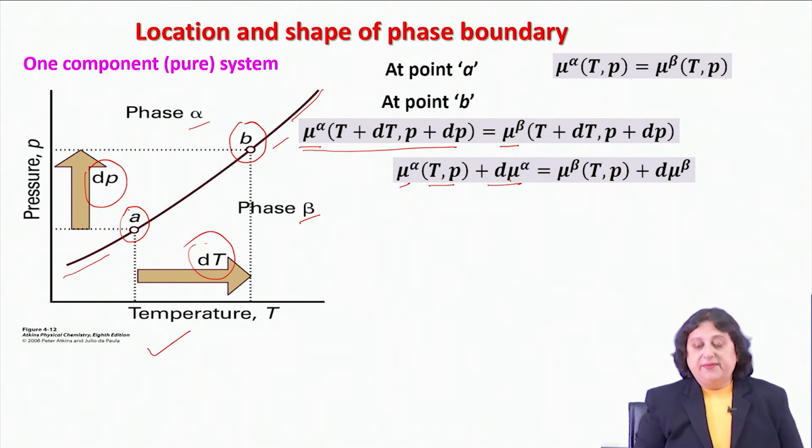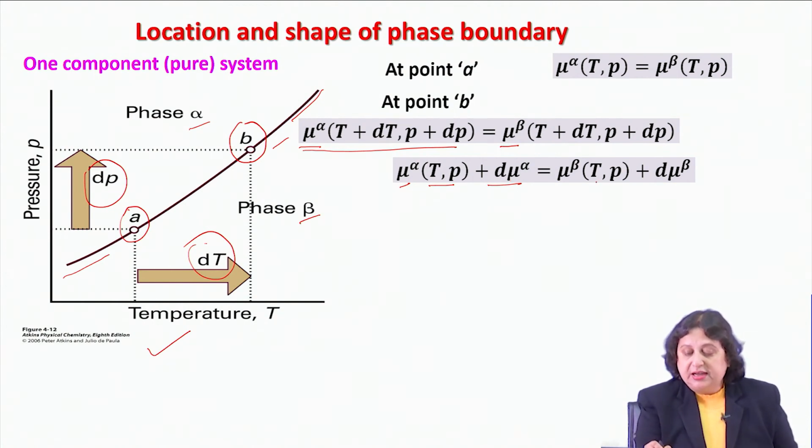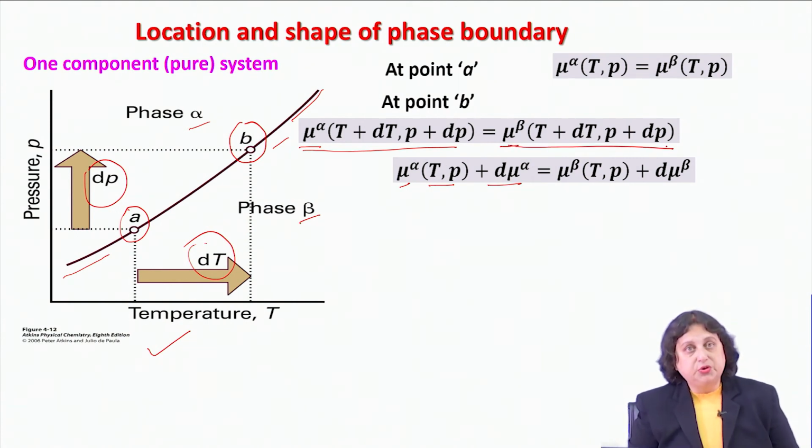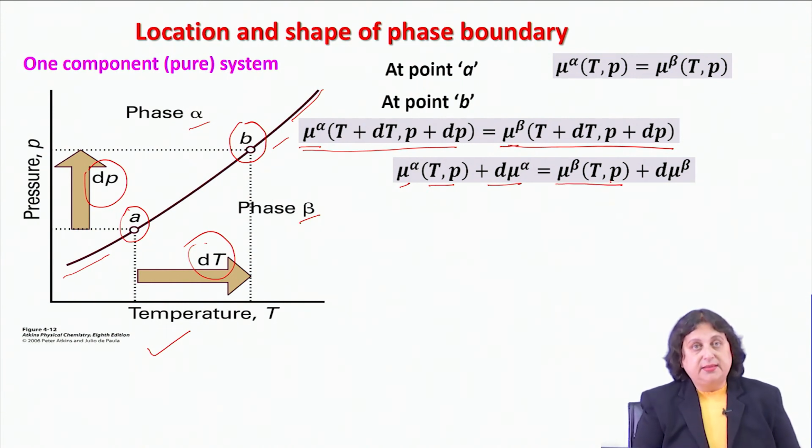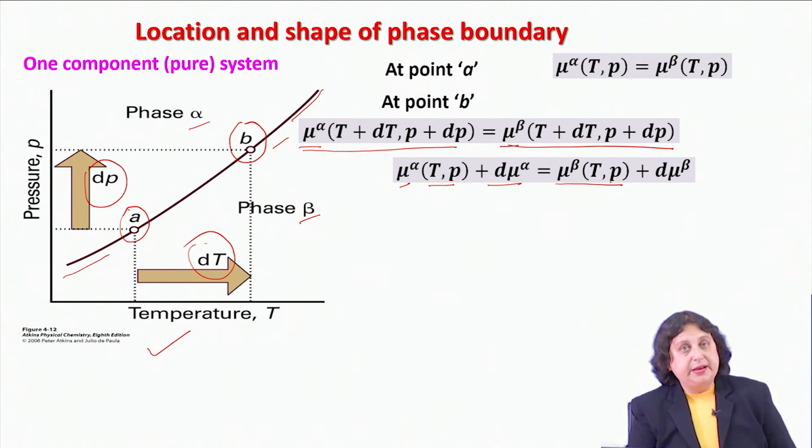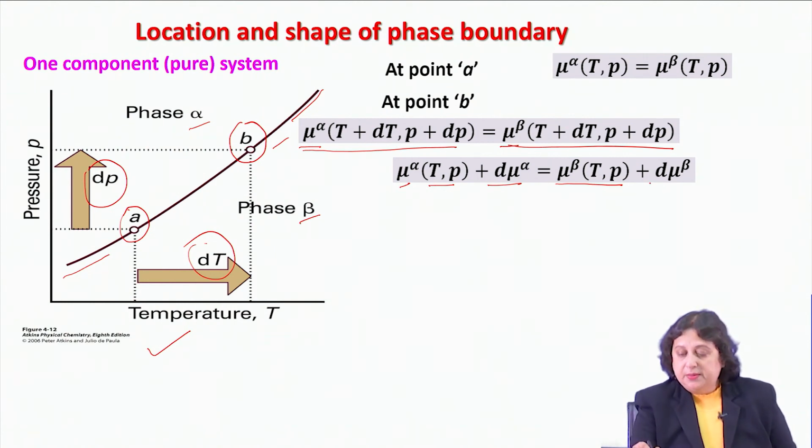Following the same logic, the new value of mu beta at this new point B can be written as mu beta at (T, P), the value of mu beta at the point A, plus d mu beta.